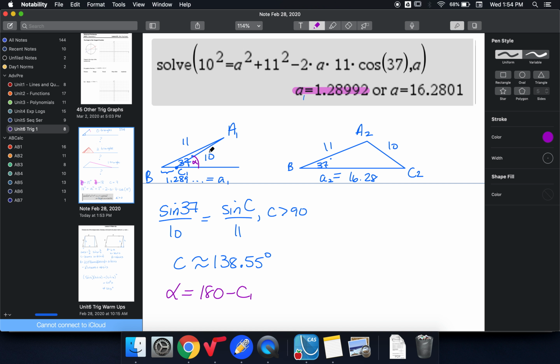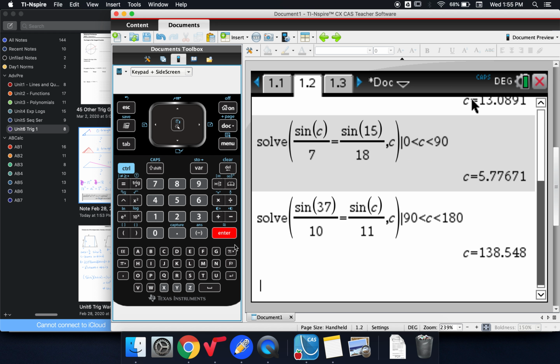Well, remember that this side 10 could have been in here, which made this isosceles triangle there, which means this angle is the same as this angle. So C2 is equal to alpha. So this was my angle C1. C2 is going to be 180 minus that.